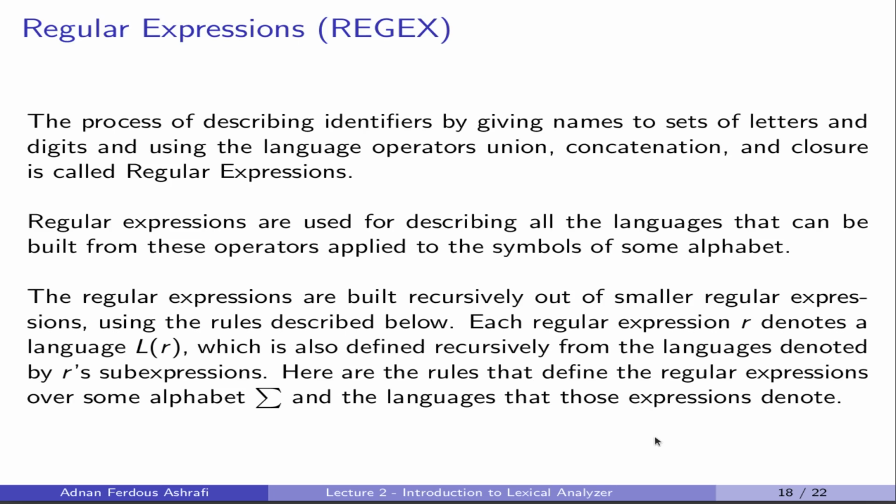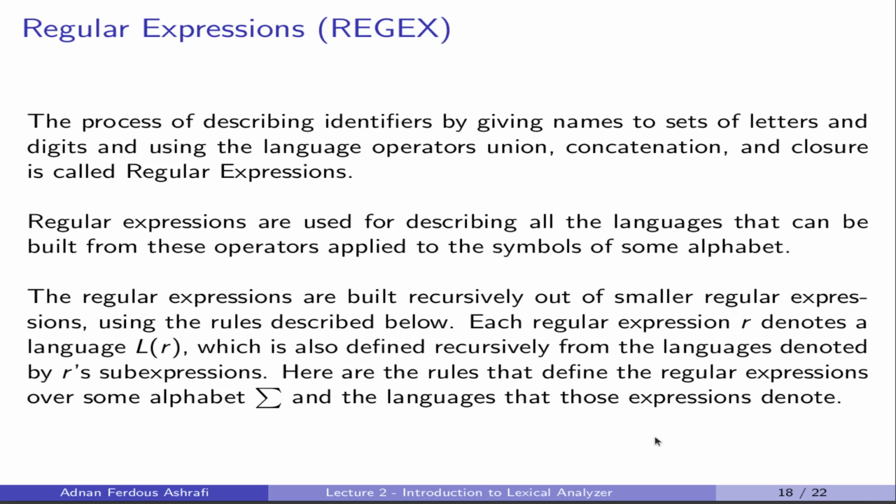Alright? Okay. So the process of describing identifiers by giving names to sets of letters and digits and using the language operators union, concatenation and closure is called regular expression. So if we combine these operations and define a set of patterns through various operations on various characters, then we call this a regular expression.